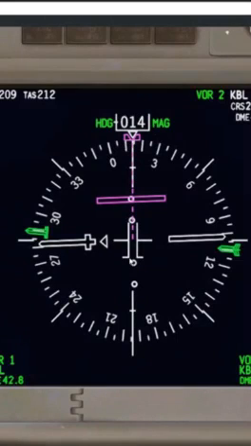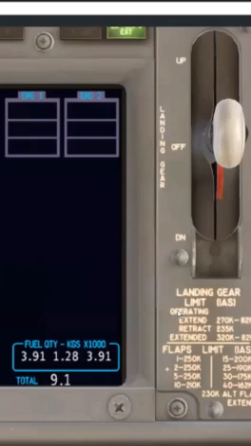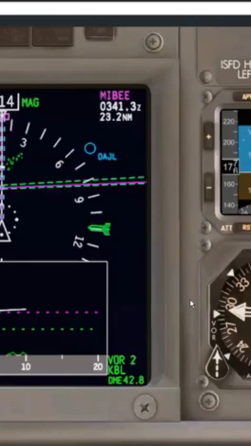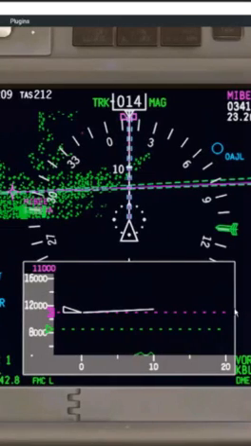So we can actually follow through to ensure that the map that the captain will be flying, he's the pilot flying. For today's flight, the first officer is the pilot monitoring. Some companies, and I would highly recommend it, have the pilot monitoring in this circumstance be in raw data to follow through on what's happening. So let's go back to the captain's side. And so that's just a little bit on the briefing.